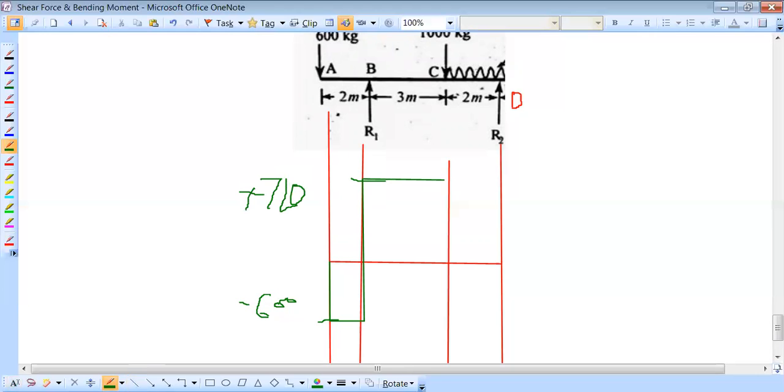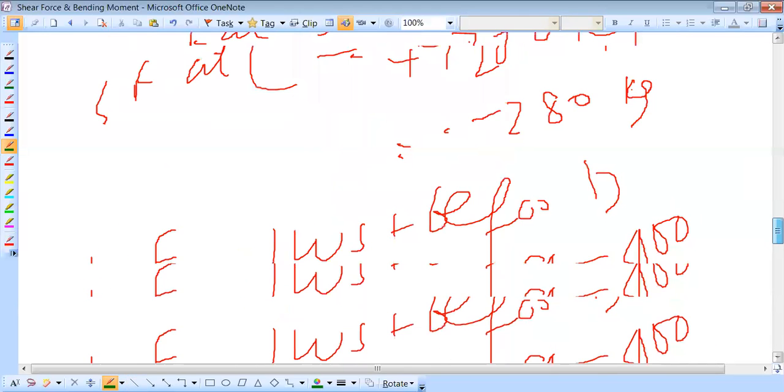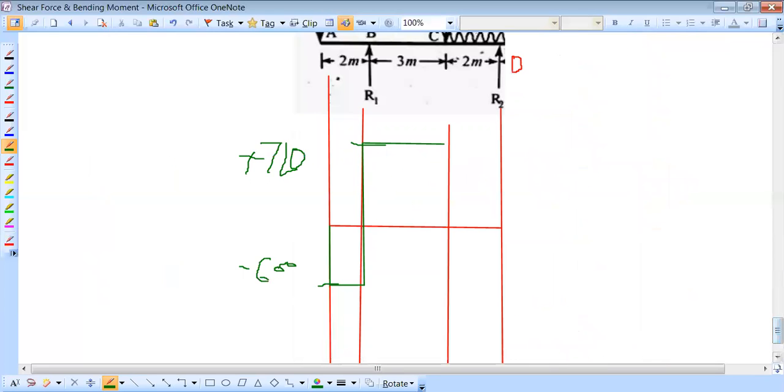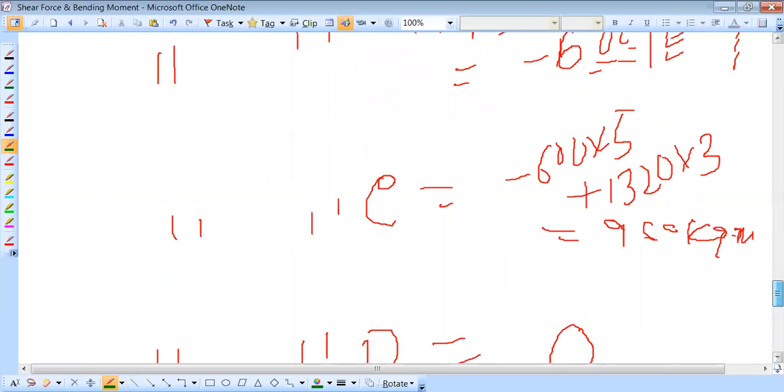Then how much value at point C? So let's see the SF at point C is equal to minus 280. Then again take a straight line from this point, and this one is 280. So this value is minus 280 at point C. And as the UDL load, then just before D is equal to how much?